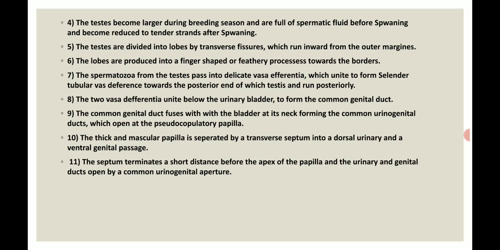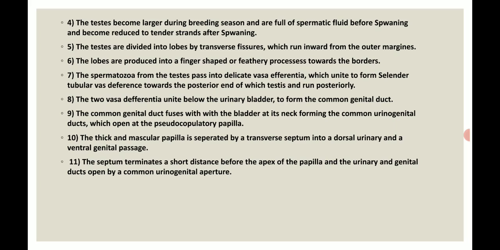Now the spermatozoa from the testes pass into delicate vasa efferentia, which unite to form slender tubular vasa deferentia towards the posterior end of the testes, and which run posteriorly. Now the two vasa deferentia unite below the urinary bladder to form the common genital duct.